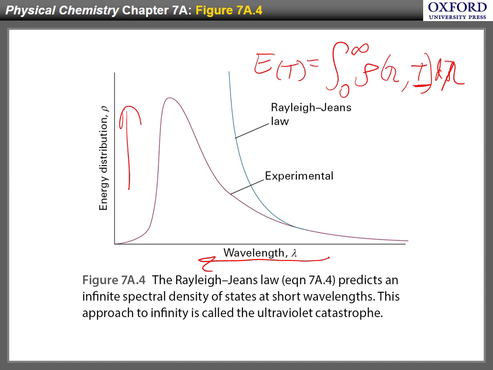Therefore, the object should glow in the dark. And what does that mean? For practical purposes, that means that there should be no darkness altogether. Go figure.